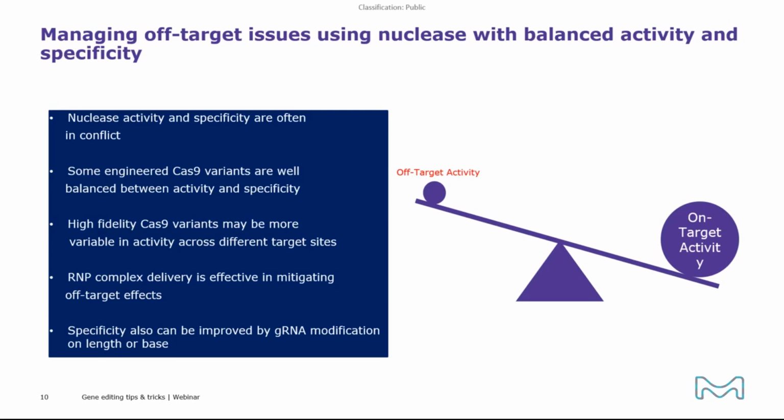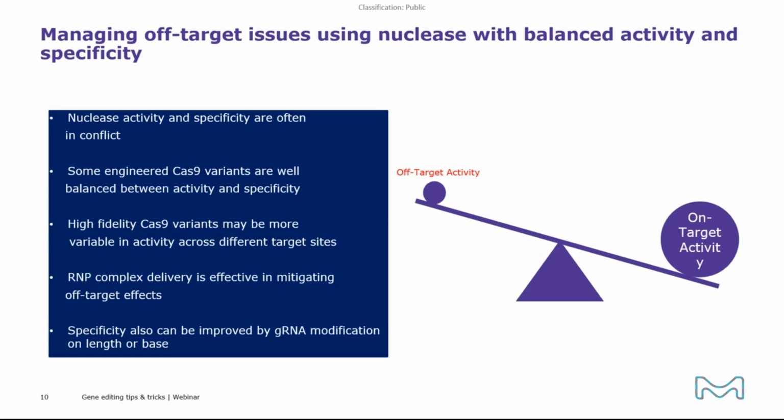Some engineered Cas9 variants are well balanced between activity and specificity, but they tend to be more variable in activity across different target sites, and therefore you may need to test more than one high-fidelity Cas9 variant for a given site in order to find an optimal one.